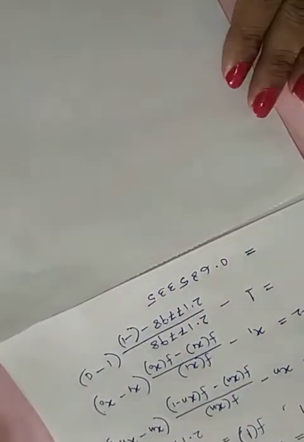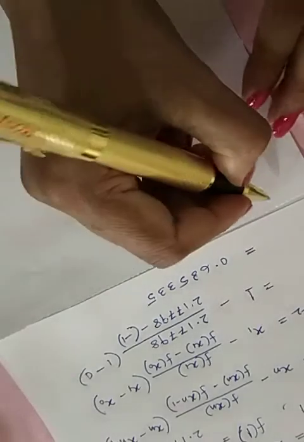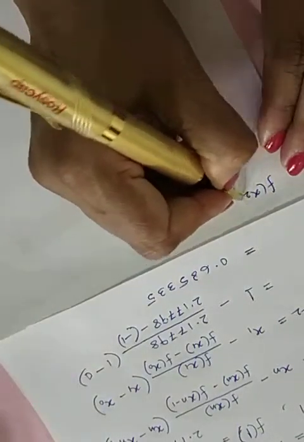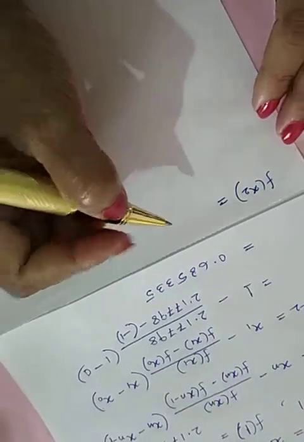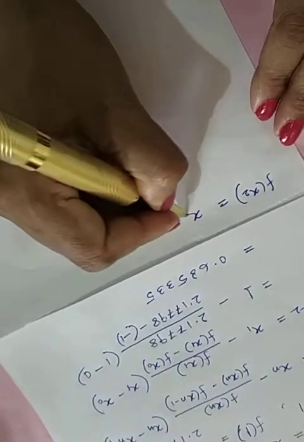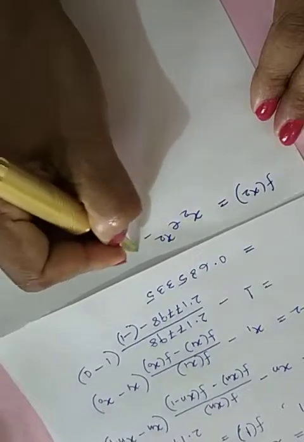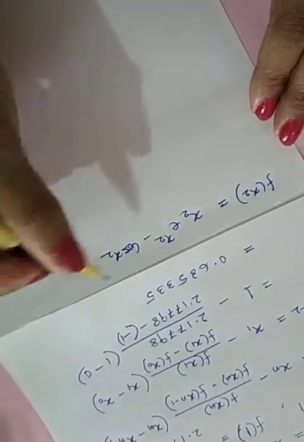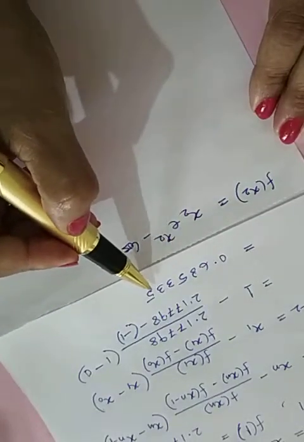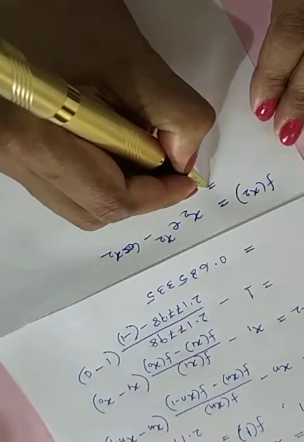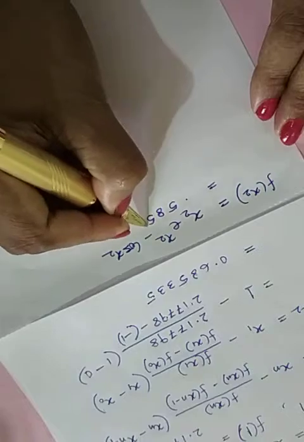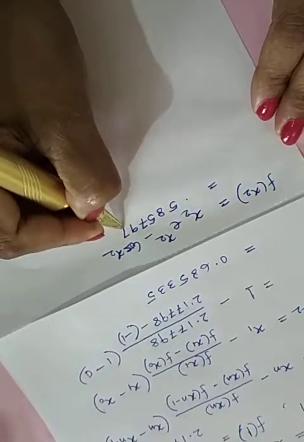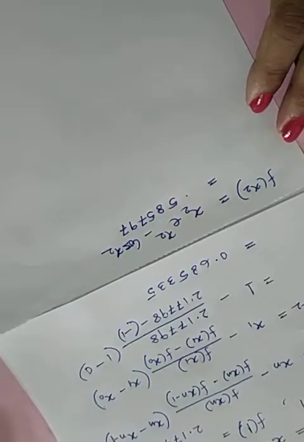So what is the functional value at x2? f(x2) is, if you put in the equation x2 e to the power x2 minus cos of x2, with x2 as 0.685335, then you will get the value 0.5857797.